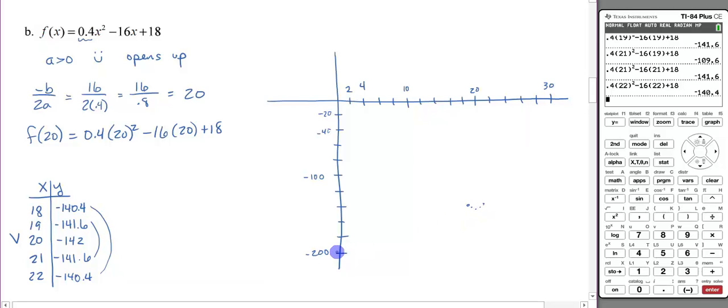So we're nowhere near the x-axis, and we don't have any points that are on the y-axis, so we need to figure out some of this stuff here.